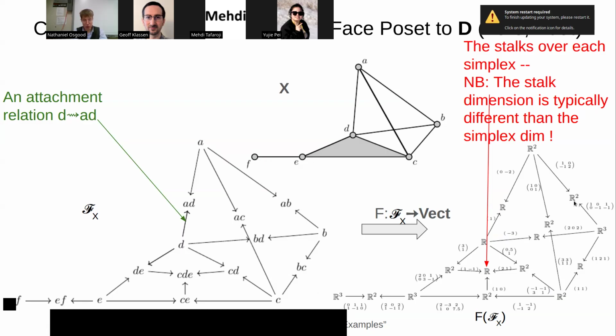AB, that's going to be R2, right? It's going to be a pair of vectors. We have BC, that's just going to be a single real number. So we're going to have R2, and then we're going to have R. Imagine we're going to have this big vector, and the first 2 items might be from AB. The next one is from BC.